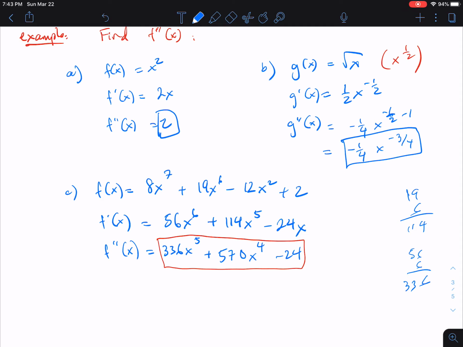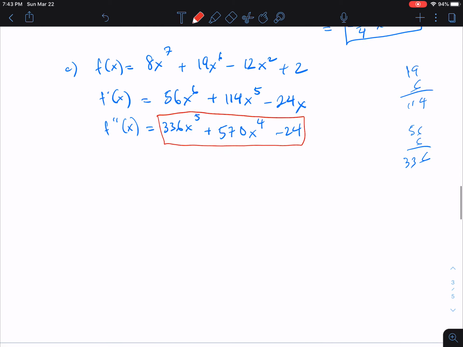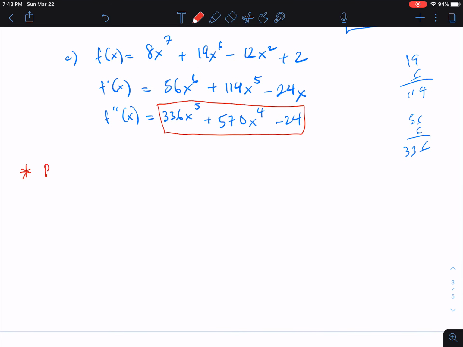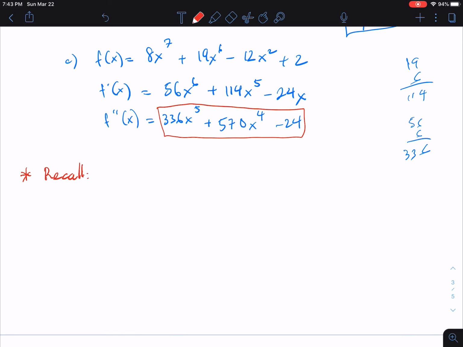We do know this from the previous lesson. We know that, from 4.1, if f prime of x is greater than 0, then the given function is increasing over an open interval.